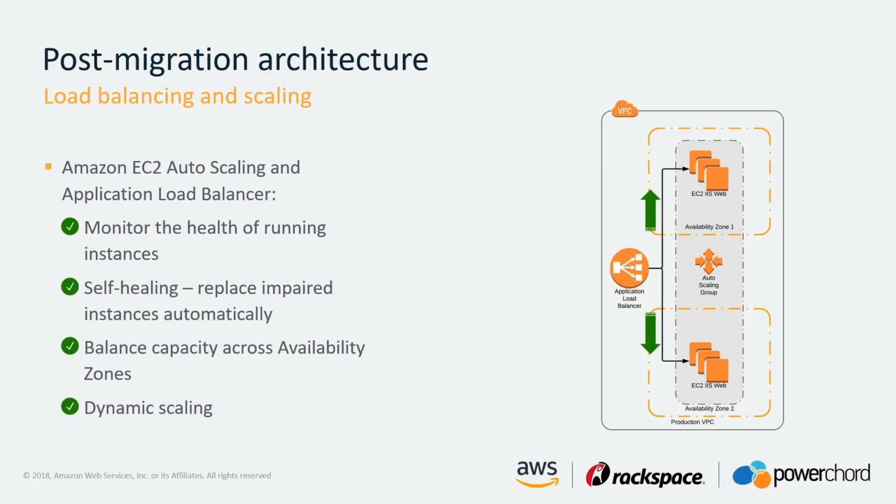And then dynamic scaling. This is really an interesting aspect of a post-migration architecture, because it allows you to set a demand curve for your applications and follow it. So you no longer need to manually provision. You can have policies set up that will automatically expand your capabilities or shrink them based on needs.